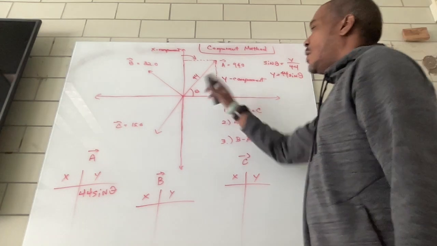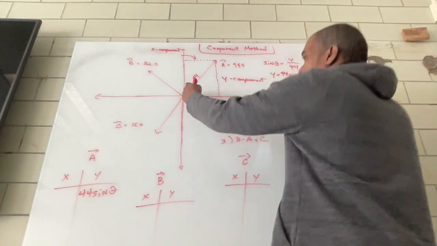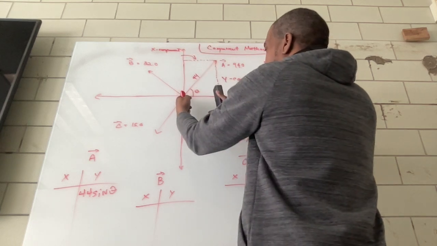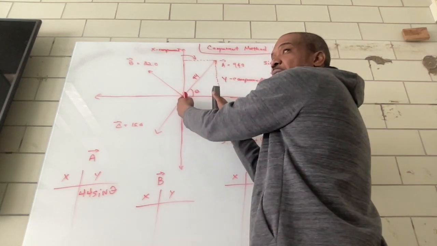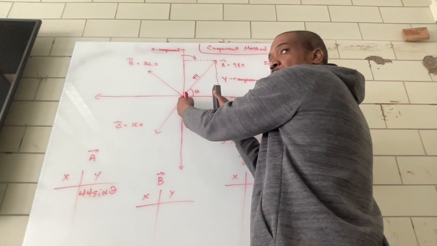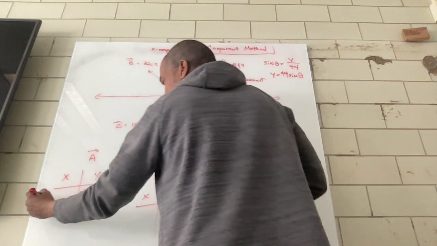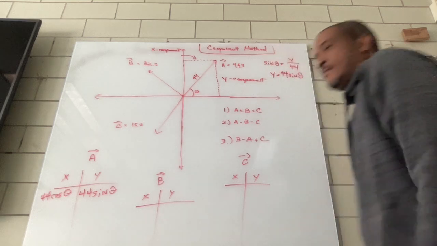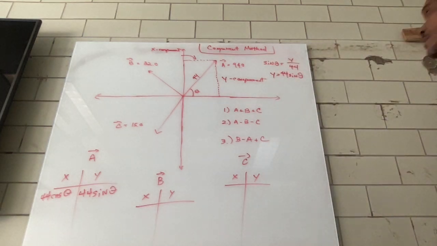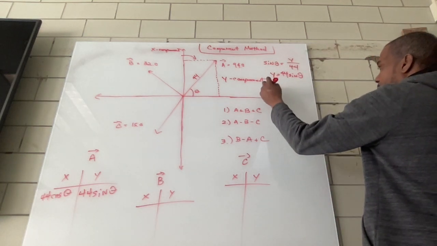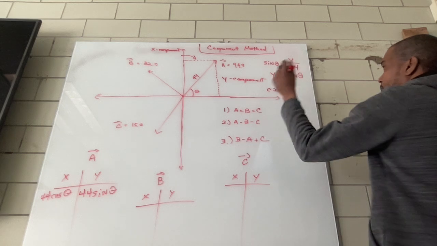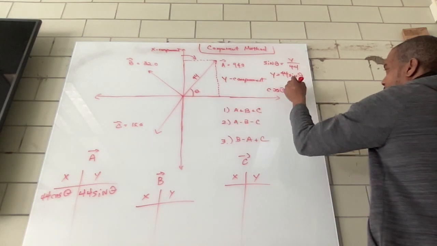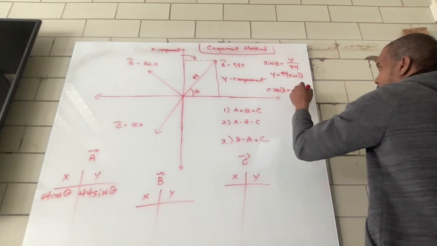Now my x component, that's the equivalent of this, and this is the what side? Adjacent side. So I know this is 44 cosine theta, because cosine of theta is the adjacent side, which is the x component, over 44.